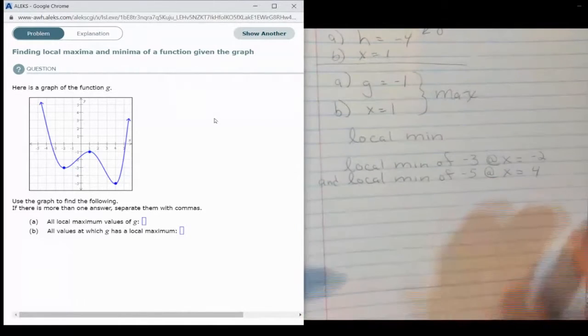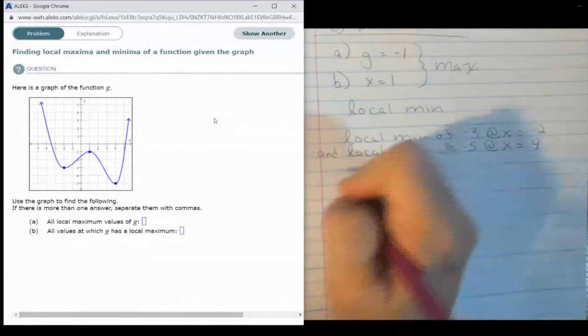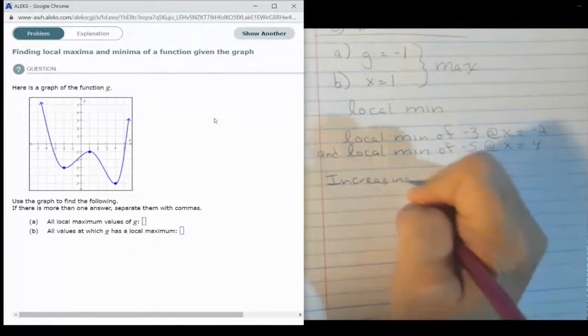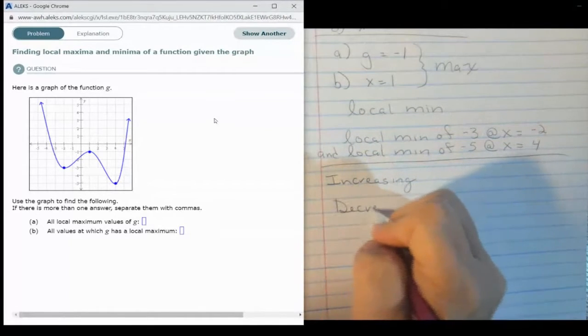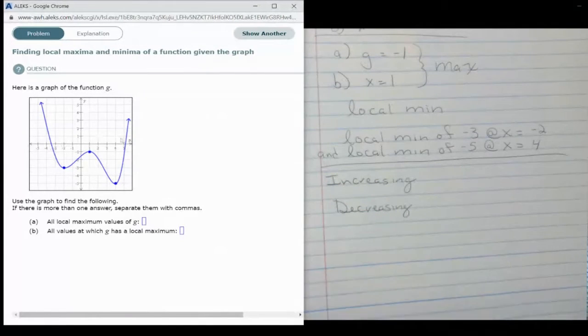This is a good one to do the next part with, which is increasing and decreasing. When you're increasing and decreasing, you're going along the x-axis. And notice the graph always starts on the left.